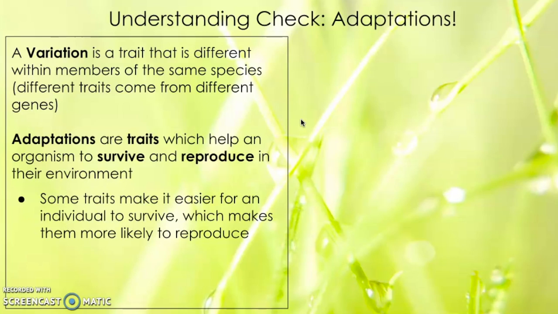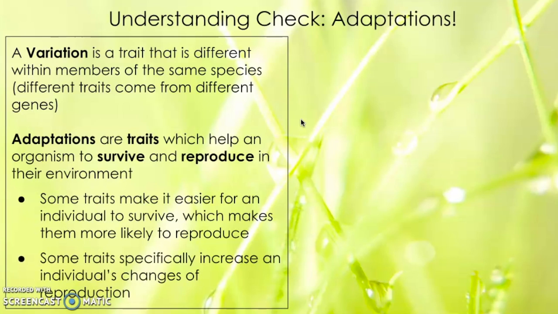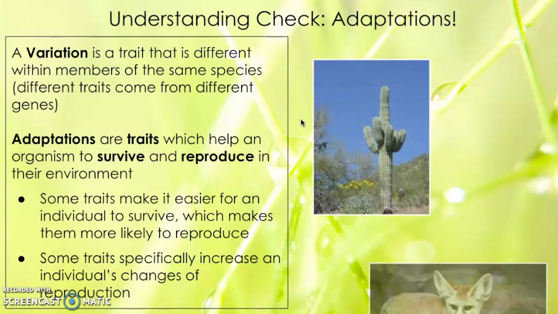This also means if they stay alive, they're more likely to reproduce and pass their genes and traits on to the next generation. Some other adaptations are traits that are specific to reproduction. These are like traits that attract mates and increase reproduction or breeding, or mating behaviors that also increase the chances of that organism to reproduce.